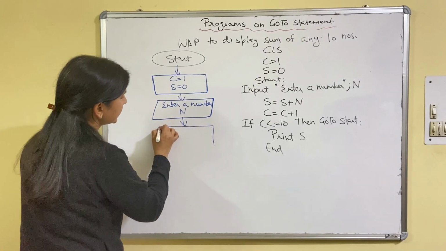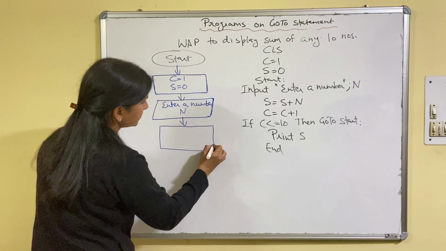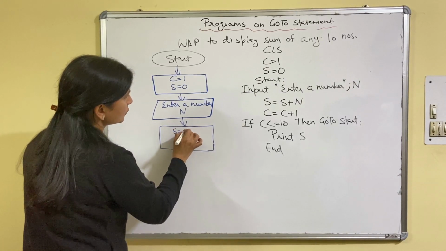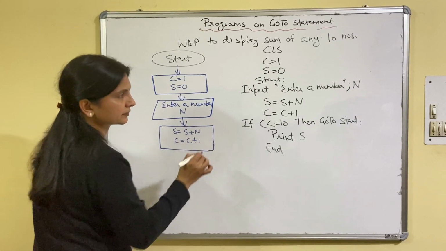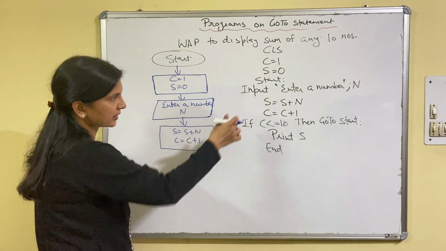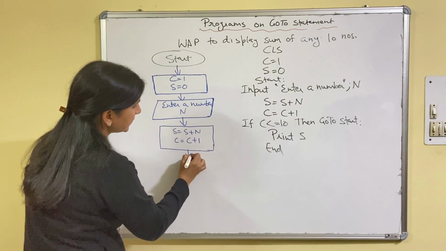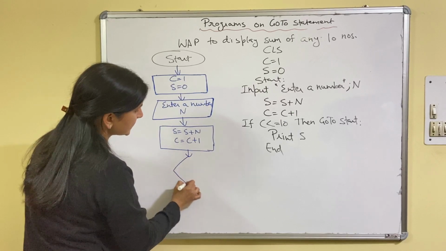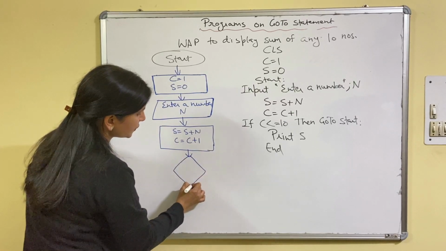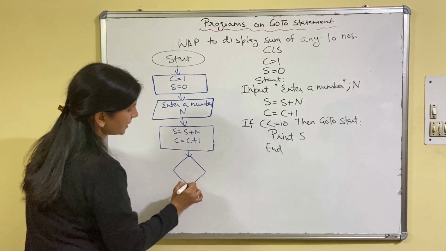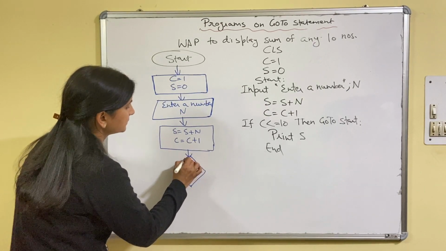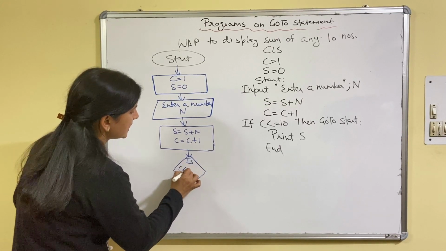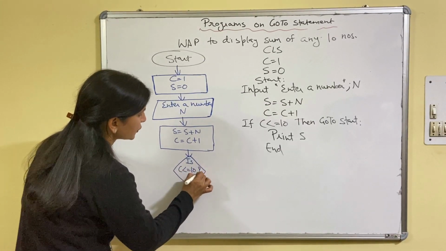Which box shall I take? Process box. In one process box, you can write both statements. And for if, which box shall I take? Decision box, diamond shape. And the condition I am giving here is C less than equals to 10 question mark.